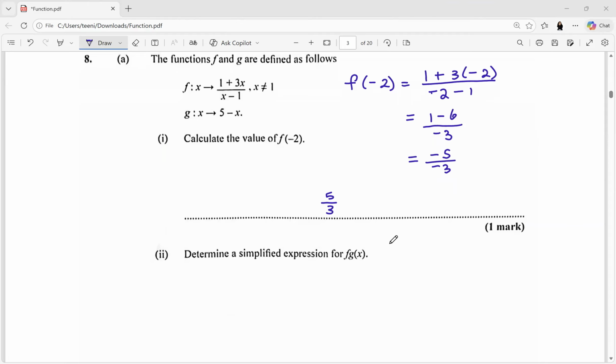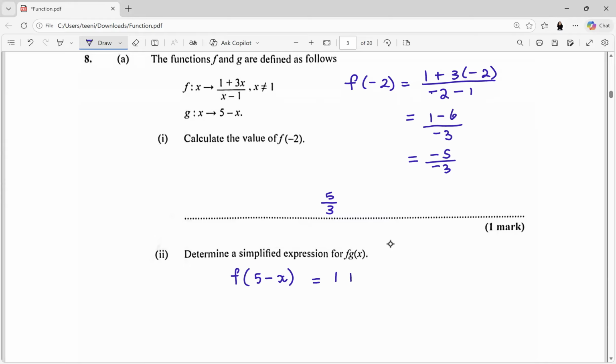So f of g of x, we're going to replace x in the function f of x with g of x. So we're finding f of 5 minus x, because that's what g of x is equal to. Wherever I have x in the function f of x, I'm going to replace it with 5 minus x.